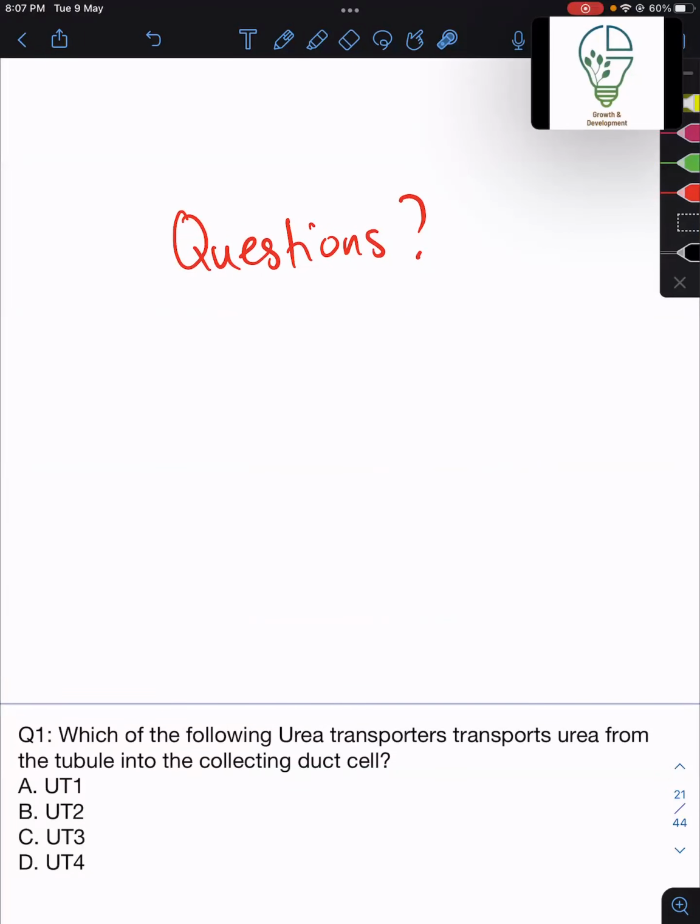Which of the following urea transporters transfer its urea from the tubule into the collecting duct cell? Is it A, B, C, or D?